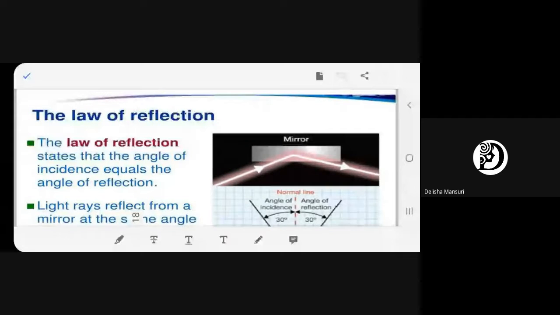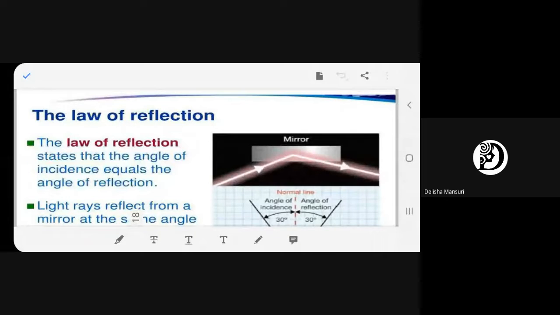Jalisha, explain. Means the angle of incidence is equal to the angle of reflection.